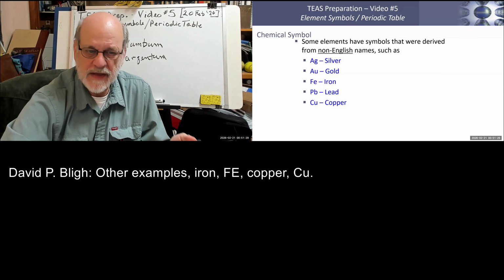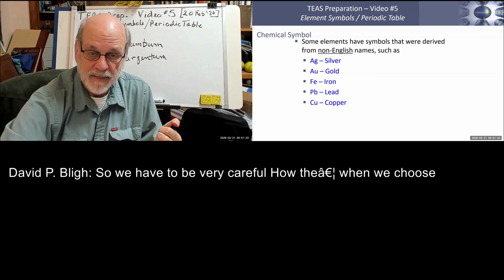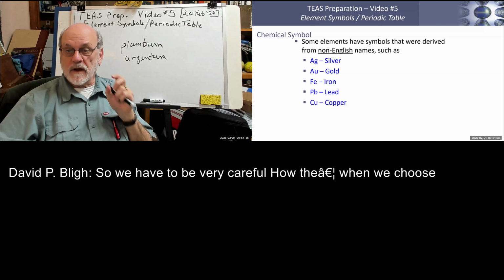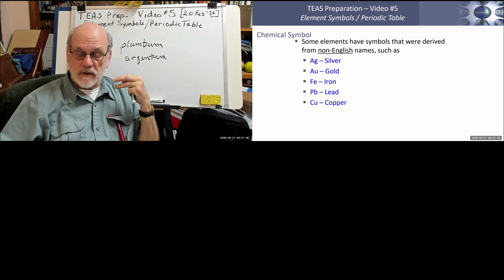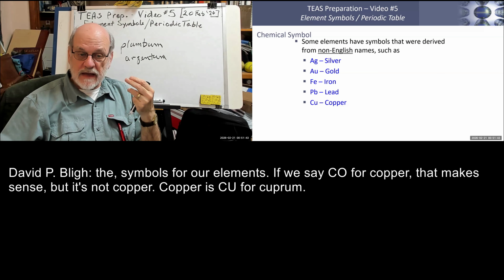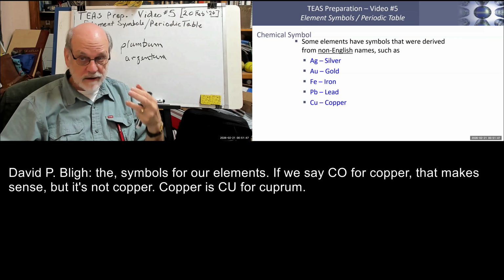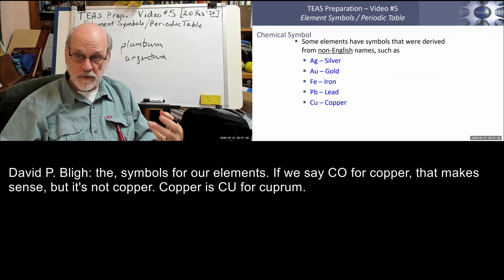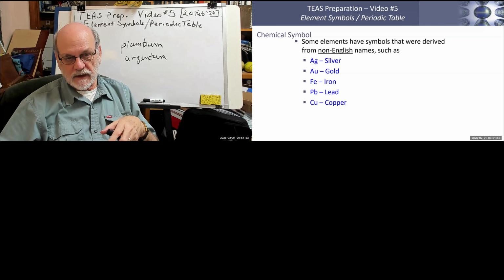Other examples, iron, Fe, copper, Cu. So we have to be very careful when we choose the symbols for our elements. If we say Co for copper, that makes sense, but it's not copper. Copper is Cu for cuprum. Co is cobalt.